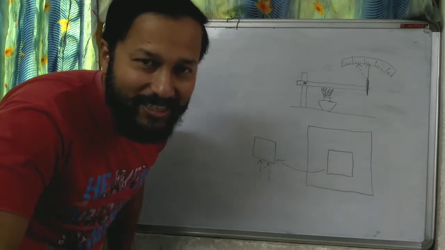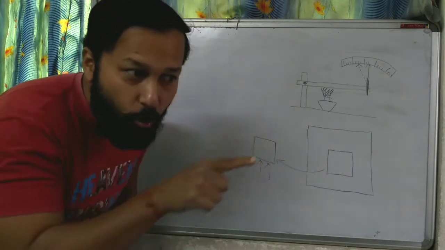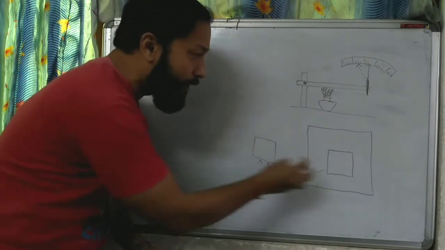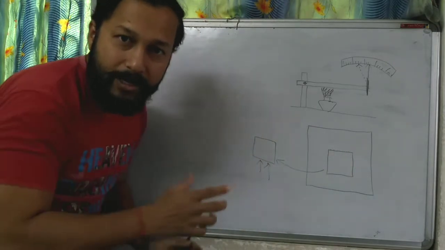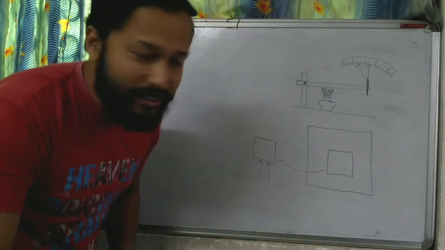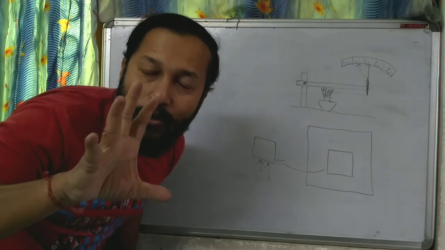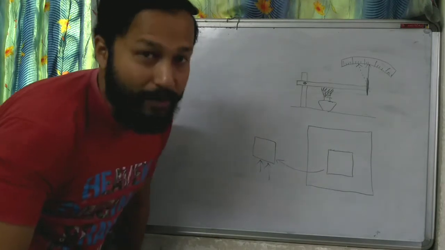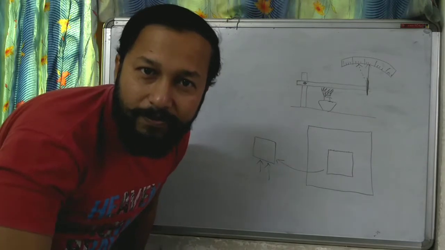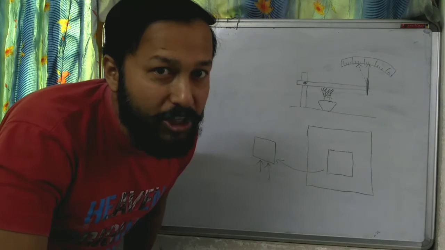Though the size of this hole and the size of this metal plate were equal, because we took the plate out from here, after heating you are not able to fit it, because the size of this metal plate has increased. That means the area of the metal plate has increased. That is superficial expansion.